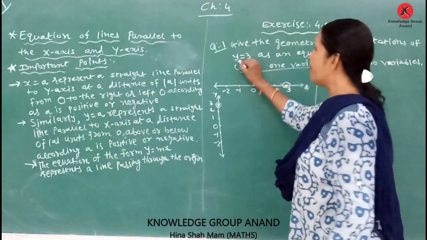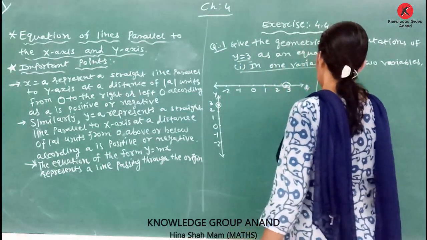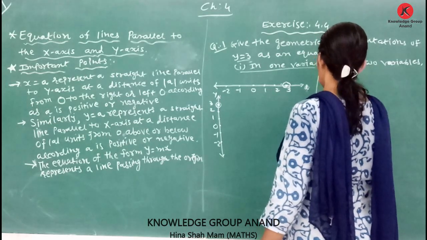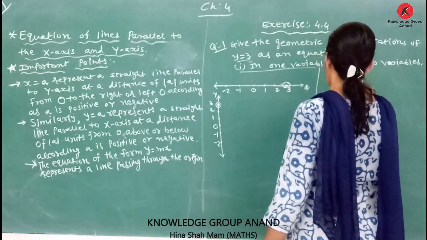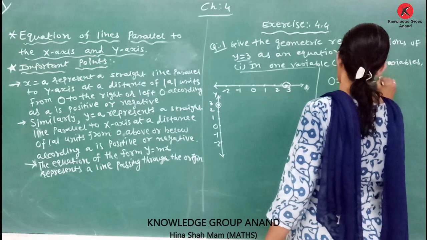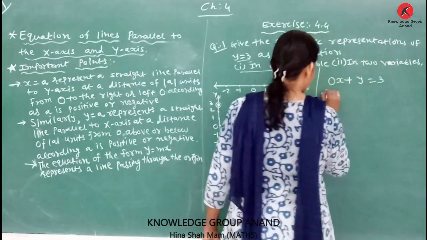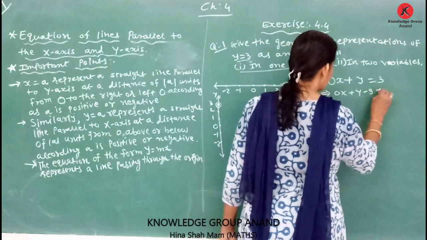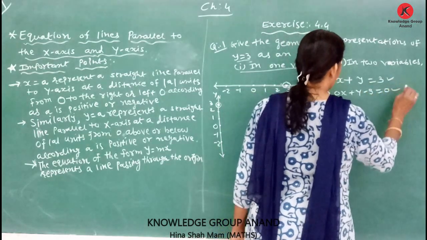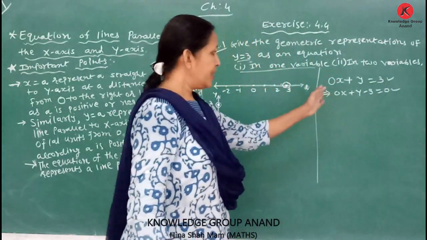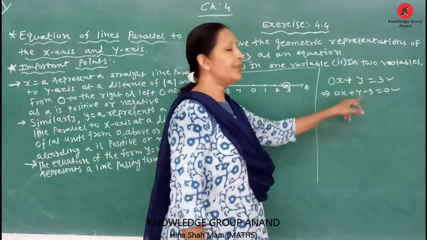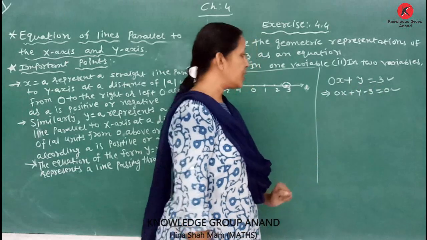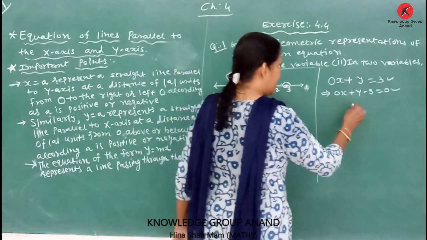Here we have y is equal to 3, which means 0x plus y is equal to 3, implying 0x plus y minus 3 is equal to 0. Both are equal. It is in two variables. We make a table.